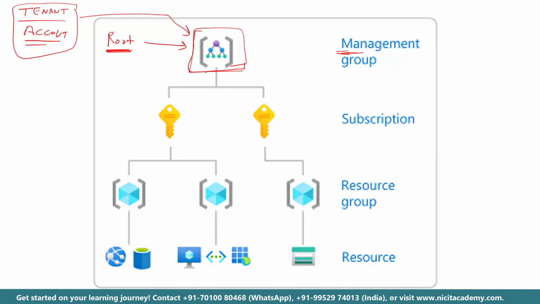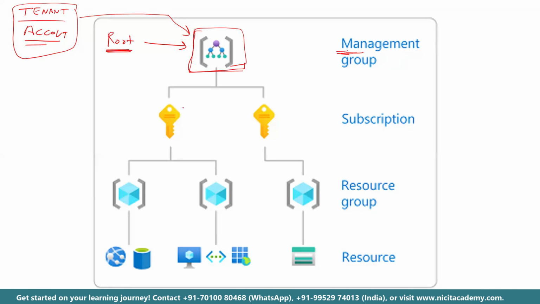So you are saying one management group. When we go for the enrollment of Azure, we will have one management group. Under one management group, we will have multiple subscriptions. We can create, yes.